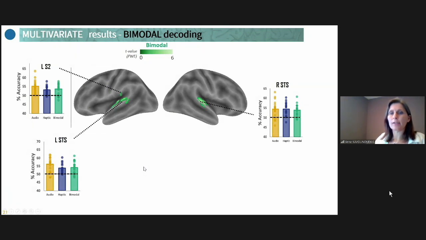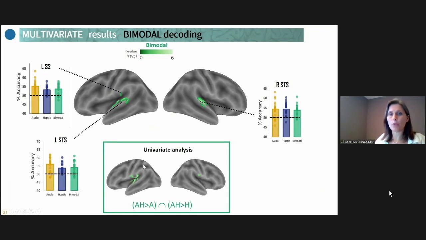The bimodal decoding points out the bilateral STS and S2 that were exactly the same regions previously evidenced in the univariate contrast, suggesting that this region, also found in the univariate analysis, processes texture information.